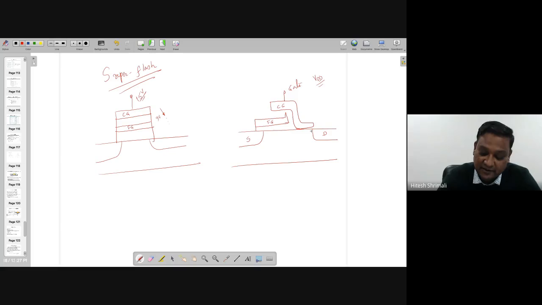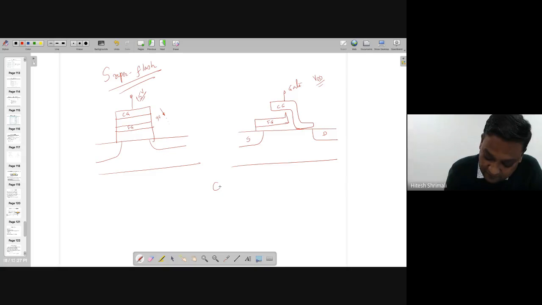right? And you can understand this with something called CHE, so something called hot electron injection. This is a phenomenon when there is a current from source to drain, and if you apply high gate voltage, what is going to happen?